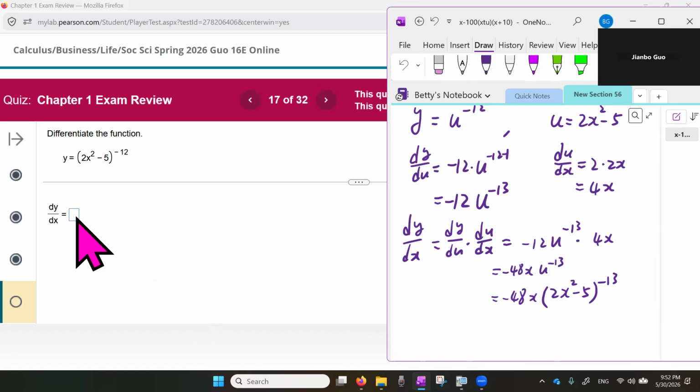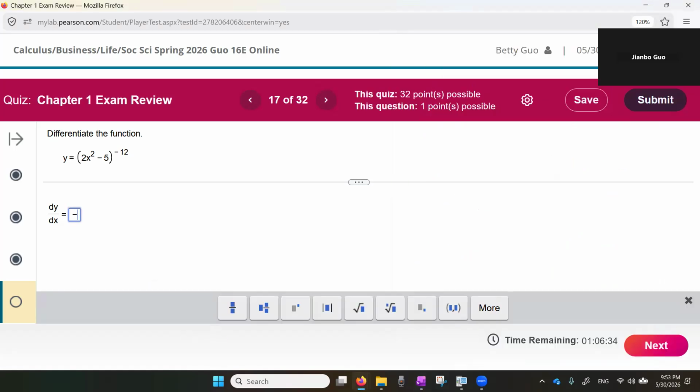That's correct. Negative 48x times parentheses to the power of negative 13. Inside the parentheses, we have 2x squared minus 5.